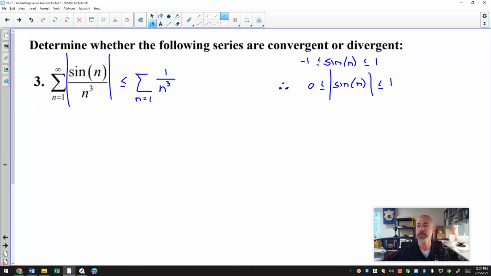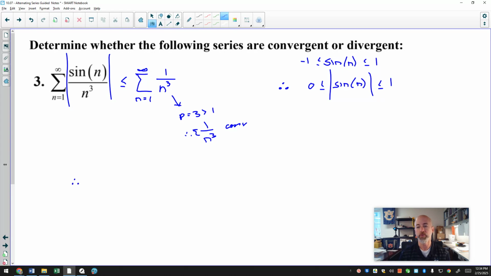And so what I'm doing here is using the absolute value to compare this to the series 1 over n cubed. 1 over n cubed, that's a p series. P is 3, that is greater than 1. Therefore, I know that the series of 1 over n cubed converges. The series I'm interested in, its absolute value is less than a known convergent series.